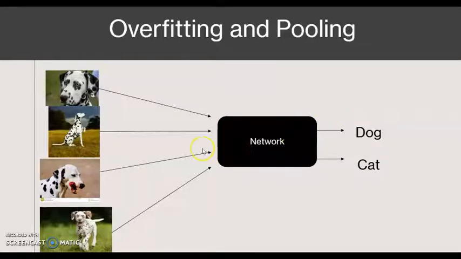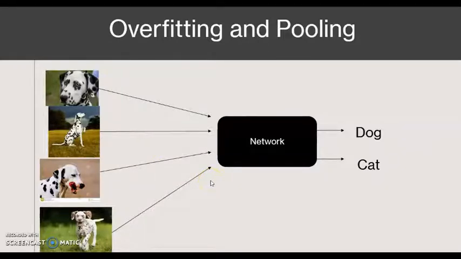But if we have dog and cat as outputs, and then we present new images, let's say for example a Rottweiler or a Husky, different kinds of dogs without spots, then the network will probably wind up classifying both the Rottweiler and the Husky as cats.